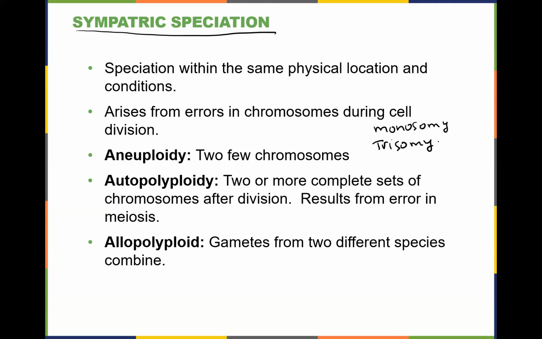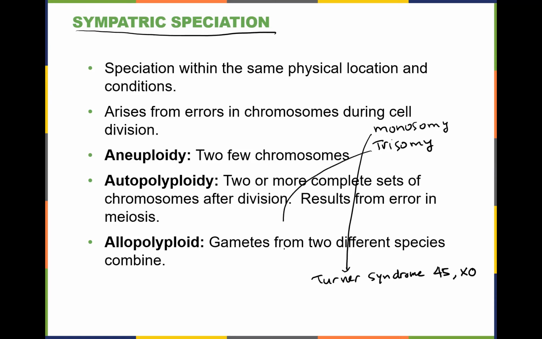An example of monosomy is Turner syndrome, where the individual has only 45 chromosomes, having lost one X chromosome, so 45,X0.